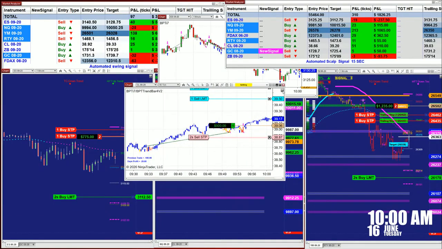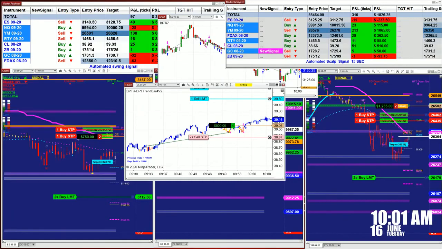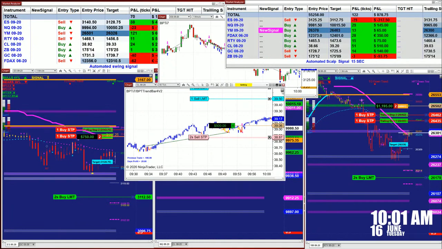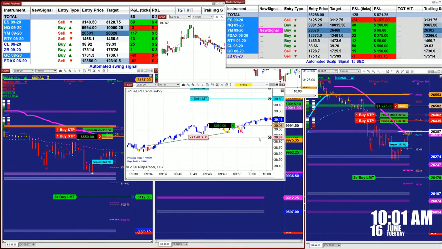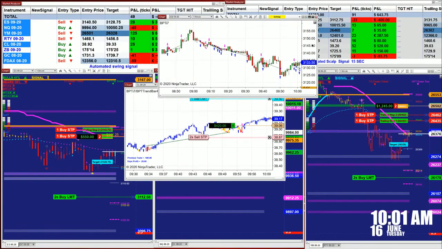Also, for the auto traders, I'm having a problem with the internet. I apologize, guys. It seems like the internet is getting heavy here. Also, you can move the trailing stop and the stop loss if you like on those auto trades.